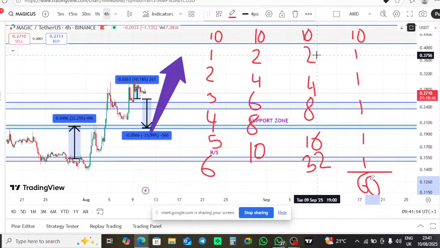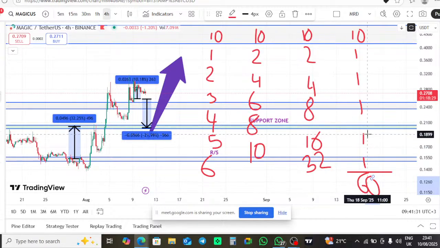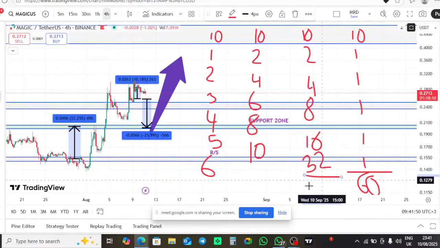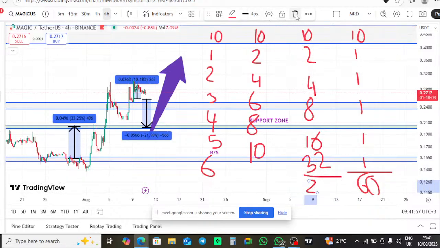Now here, this is 20. 20 plus 40, that is 60. 60 plus 80, that is 140. 140 plus 160, that is 300. 300 plus 320, that is 620, plus first buy 10. 630.